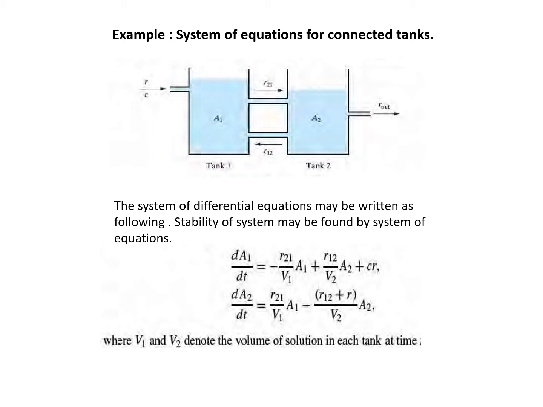For example, we want to find the amount of salt in tank 1 after 5 minutes and the amount of salt after 2 minutes. So how may we find it?